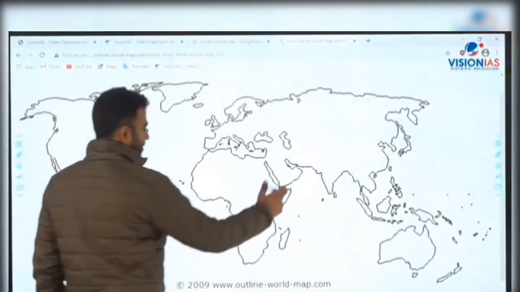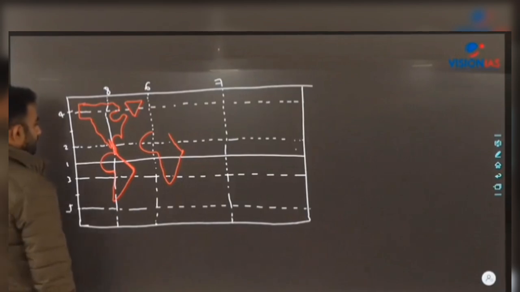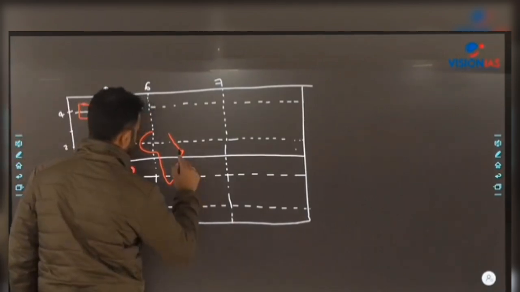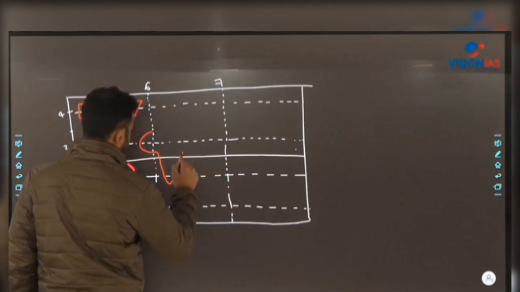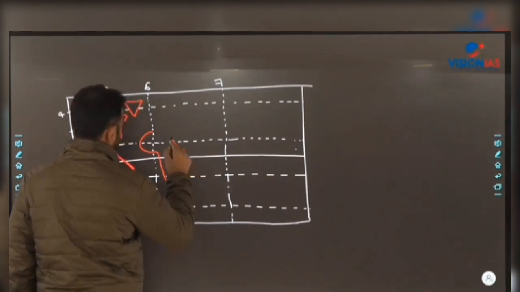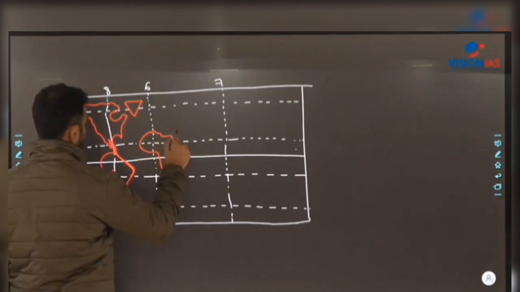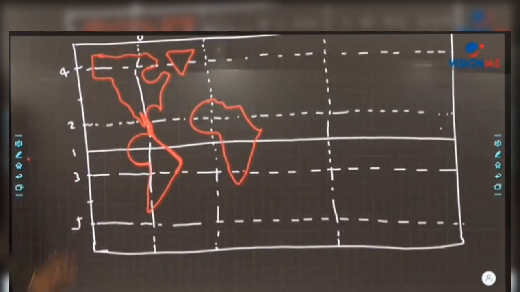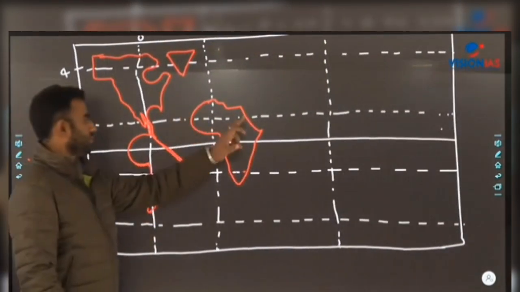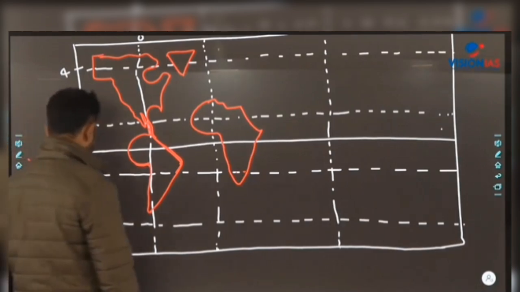You see, we made a horn and brought it till here. Then bring the northern part straight like this and leave it. Join these two things. We have got Africa.